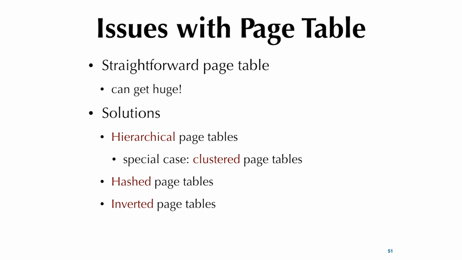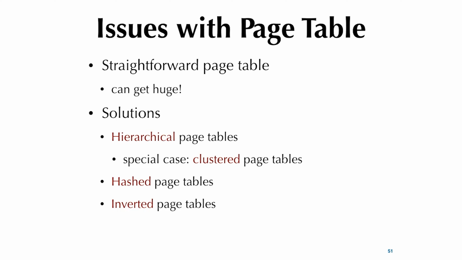So there are hierarchical page tables, and a special case called clustered page tables. These are ways to hopefully reduce the size of these page tables in the case you have sparse usage. By sparse usage, I mean the entire memory space is not fully utilized. Only parts of it are utilized, maybe 1% or 5% or some small subset of it.